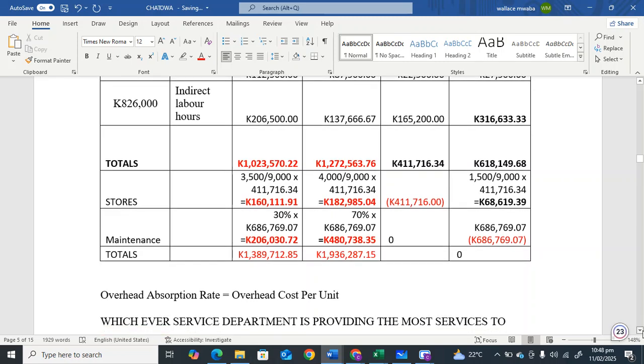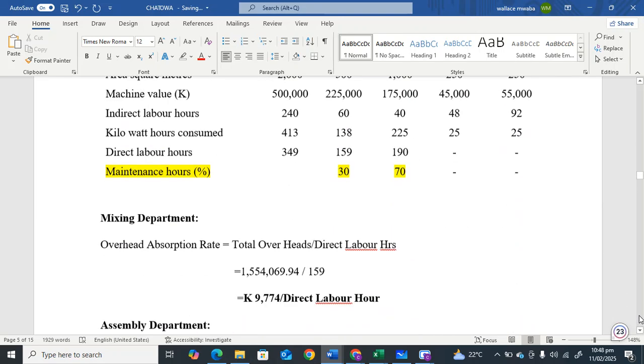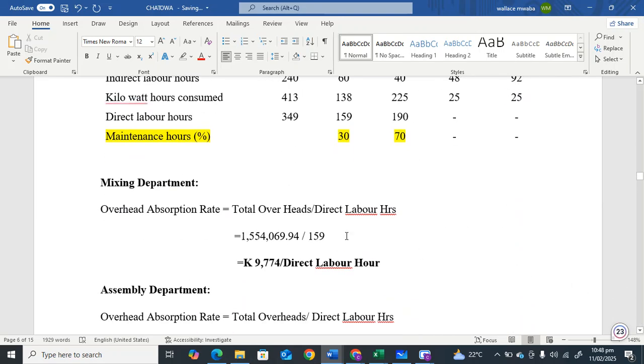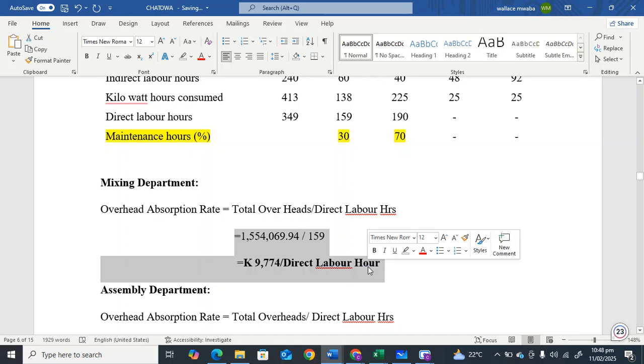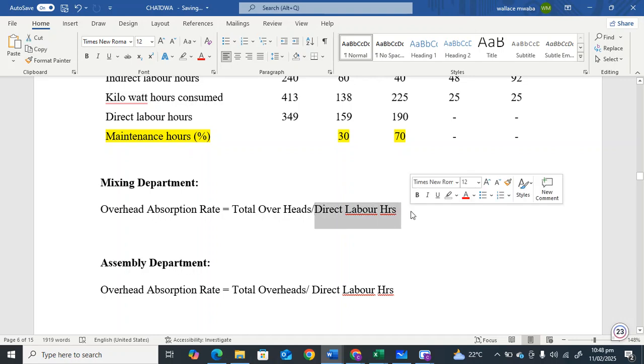So how do we get our overhead absorption rate? Here's the formula. It's the total overheads divided by your absorption base.